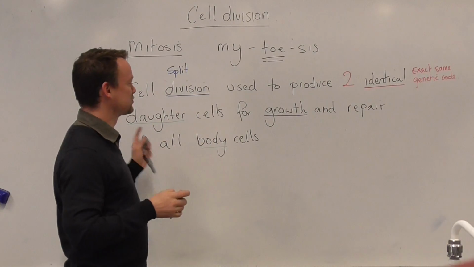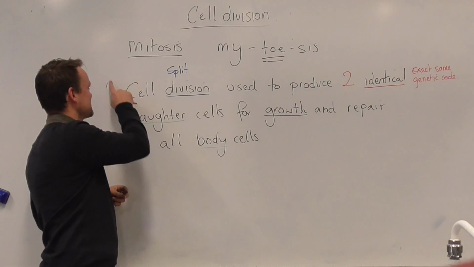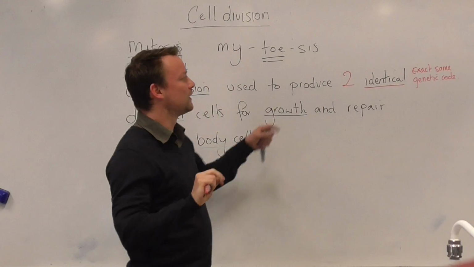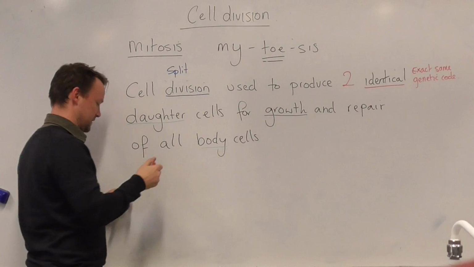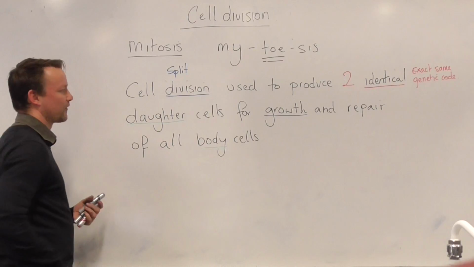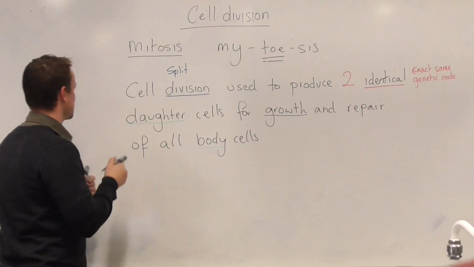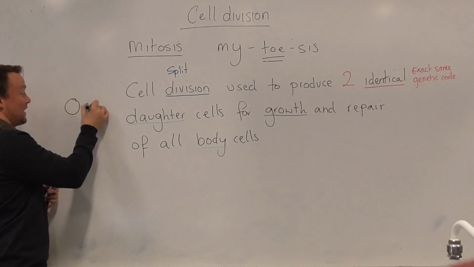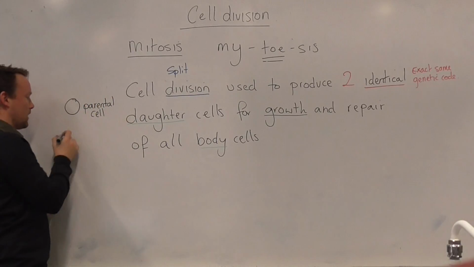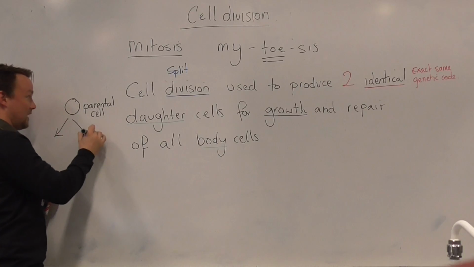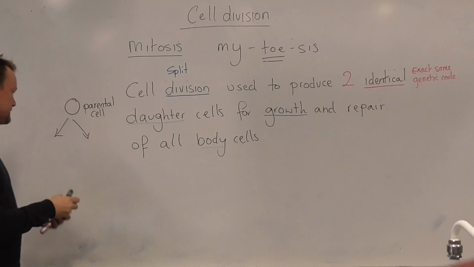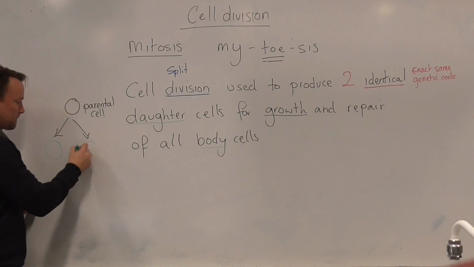Daughter, so this daughter cell, so let's just go back a step. Cell division used to produce just two identical daughter cells. This idea of daughter cells is just literally you're going from a parental cell, so the cell that you're starting off with, they call it a parental cell, and when it then eventually splits and divides to produce two identical cells, these cells are called daughter cells.